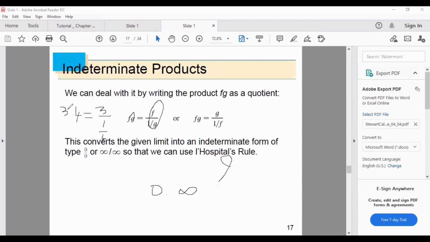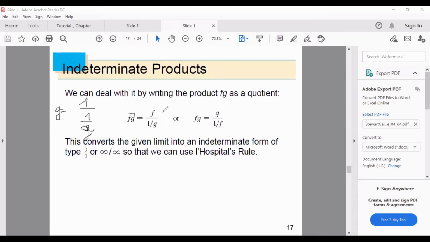When we use this way, we can easily write f times g as the product of f and 1 over 1 over g. That means we write g as 1 over 1 over g. I'm sorry, I have to write g here. Then g is equal to 1 over 1 over g.